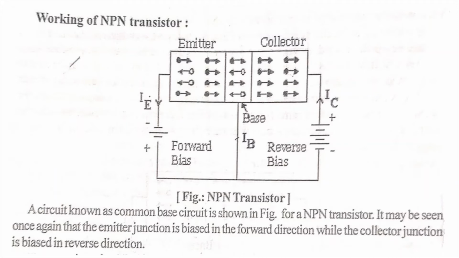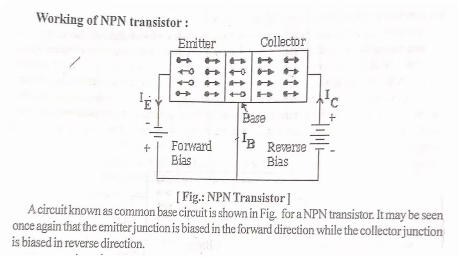This new electron then moves immediately towards the emitter base junction, and the process is thus repeated. It should be noted that the charge carriers in the case of NPN transistor are predominantly electrons.